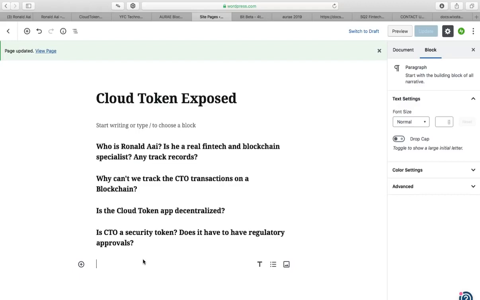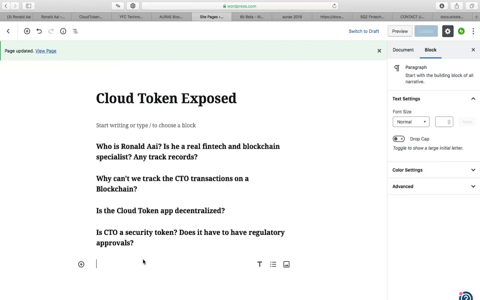But the difference with that competitor is that they have positioned themselves as a security token, right? And they also had a mini ICO before they started, and they also have an exchange, right? So the combination of those three things will make it necessary to have regulatory approvals, because that's a security, right? And all securities have to be registered, not only with the SEC.